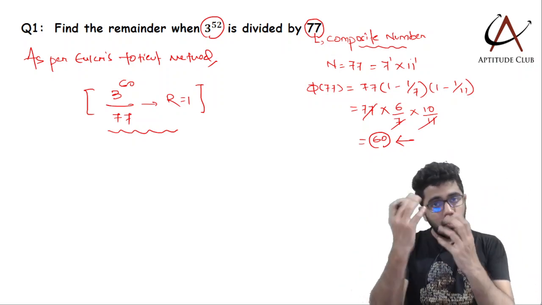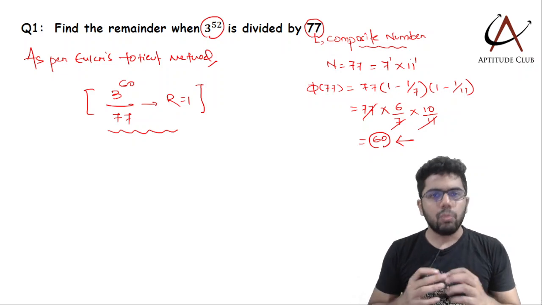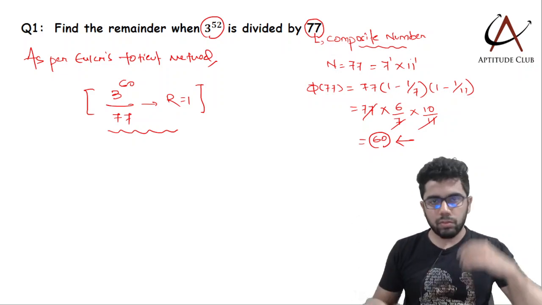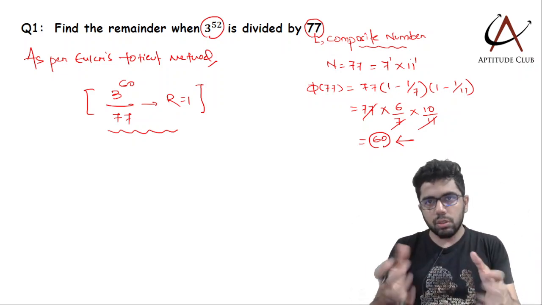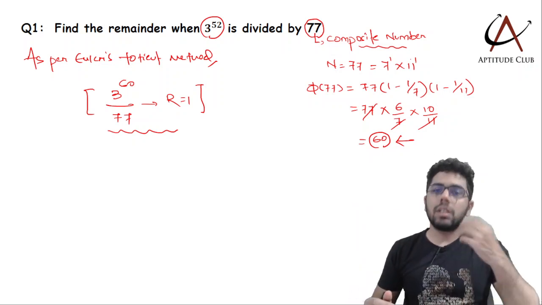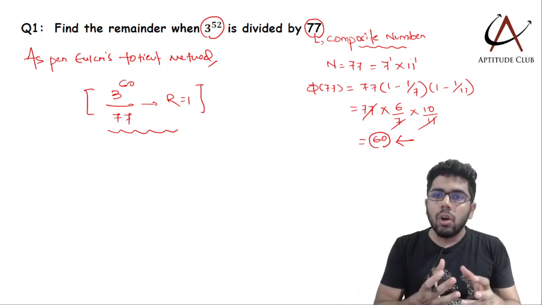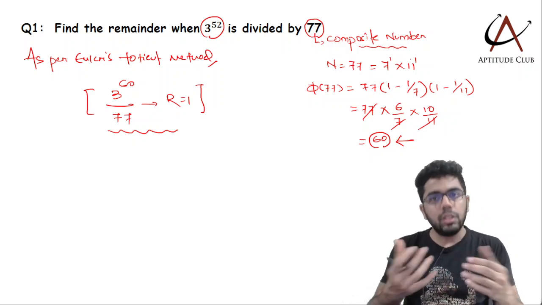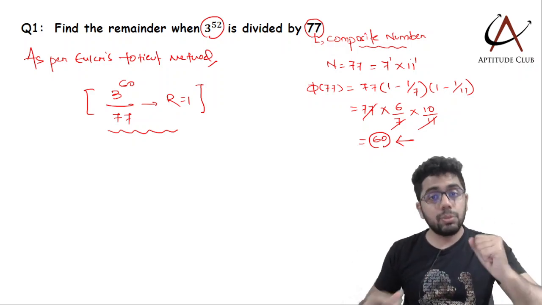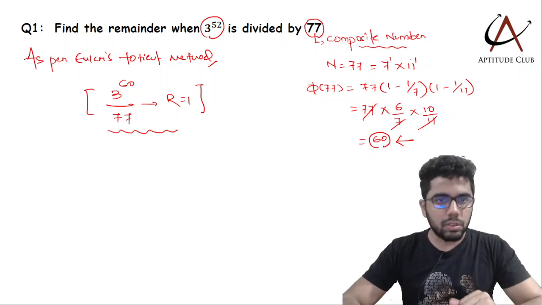Because if the power is lesser than 60, why do we use these theorems? To reduce the power. We'll be given bigger numbers. We will use these theorems and lessen the power so that it will be convenient for us to solve. But what if the powers are already reduced, or we cannot use the theorem to reduce it further? That kind of a situation, we have to use Chinese remainder theorem.